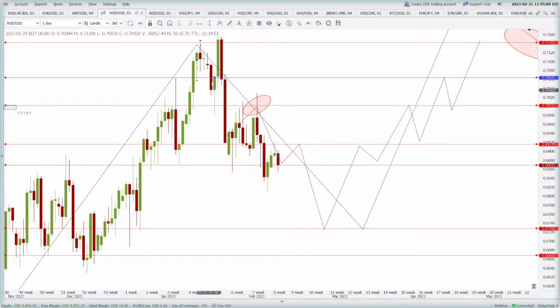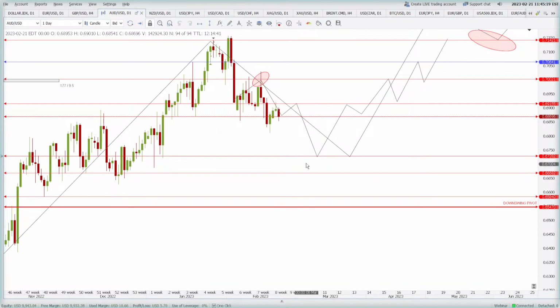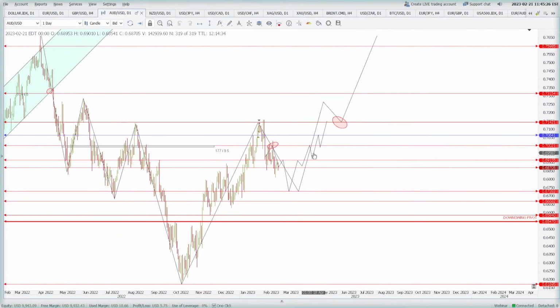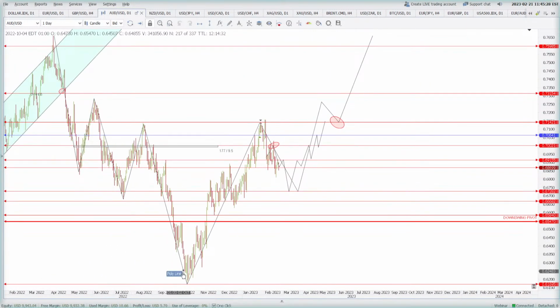Now this is a confirmed head and shoulder breakout. And now this level is acting as a resistance, so it may push the prices towards the 0.6728 area, where I'll be looking for buyers to enter to complete this bigger pattern.